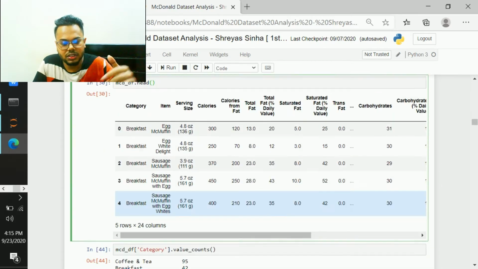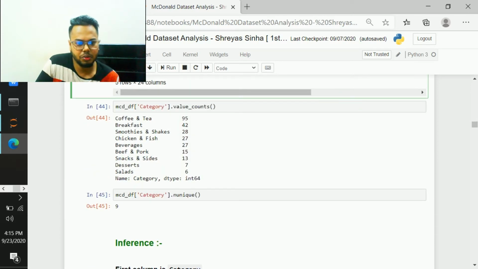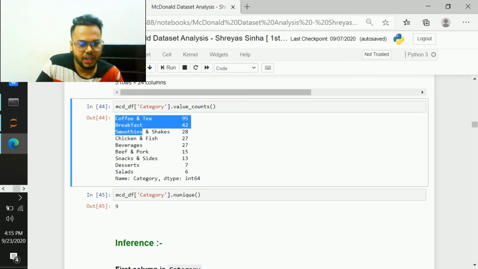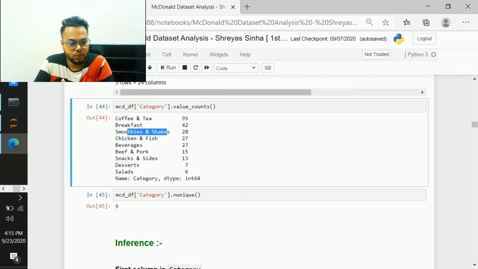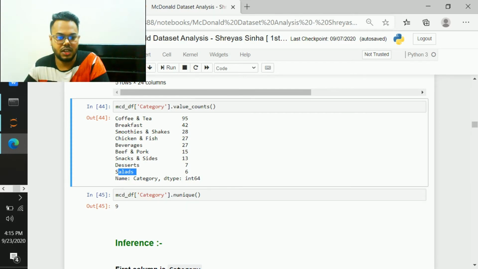So now one of the first questions they asked is they wanted to know more about the categories, right? And as I was telling you before, we have coffee and tea, breakfast, smoothies and shakes, chicken and fish, beverages, beef and pork, snacks and sides, desserts, salads. And within each category there are food offerings like coffee, tea.